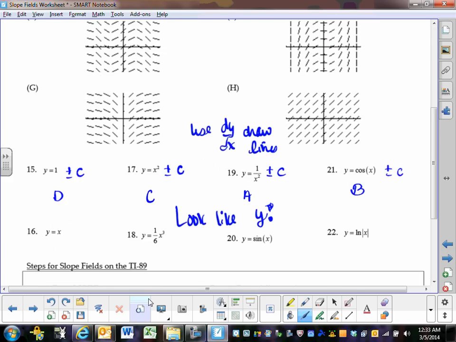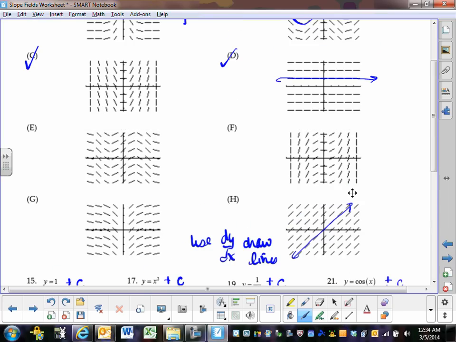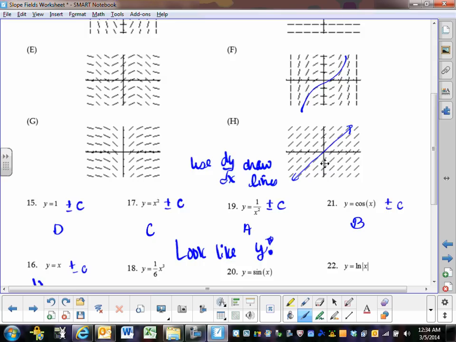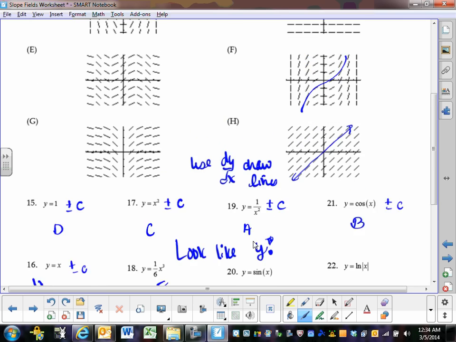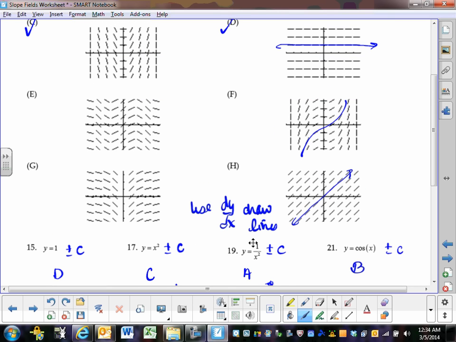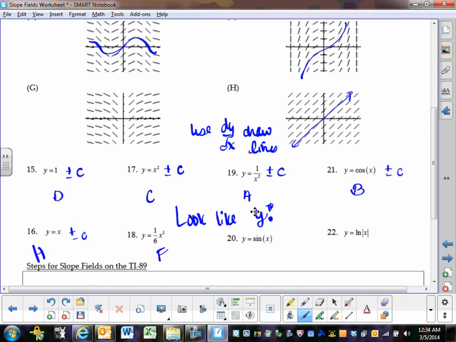If y equals x plus or minus c, then the answer would be H. If y equals x exactly, or shift it up or down. 1/6 x cubed needs to look like a cubic graph. So that was F. If y equals sine of x, then the graph should be sine of x exactly, plus or minus c.